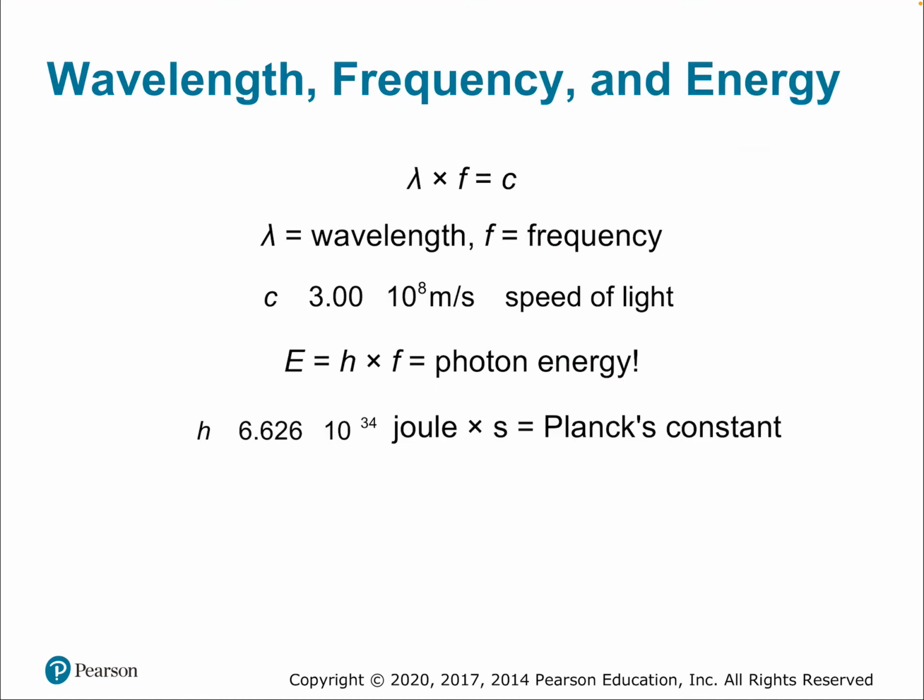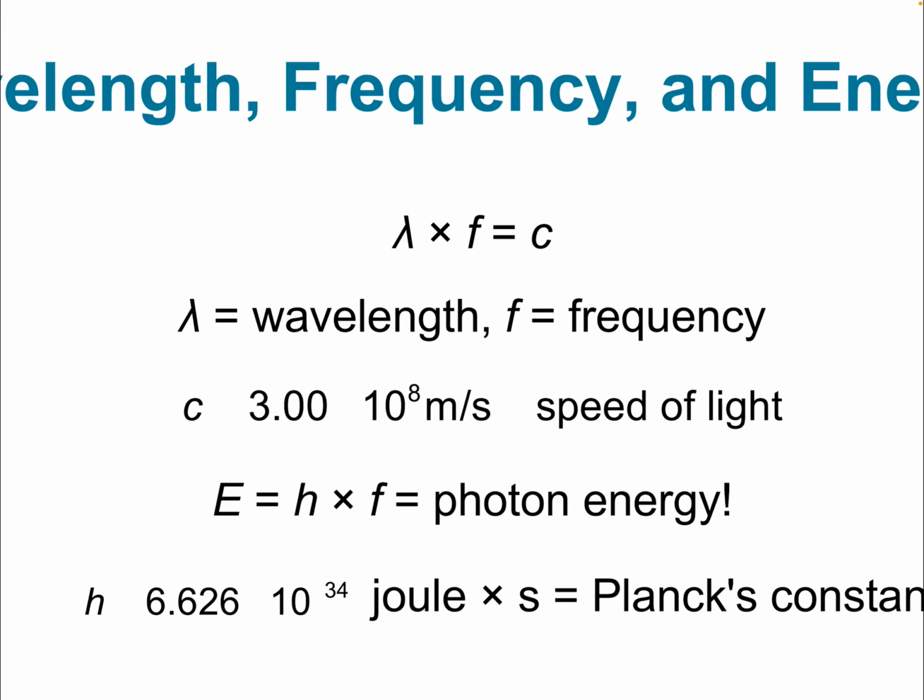All right, so here are some formulas. Let's zoom in and take a look. So this is lambda times f equals c, or wavelength times frequency equals the speed of light. Lambda is wavelength, f is frequency.